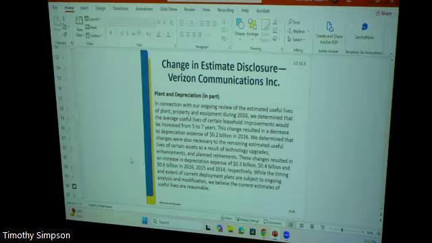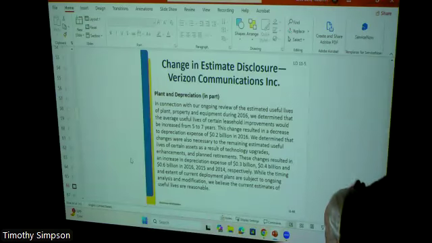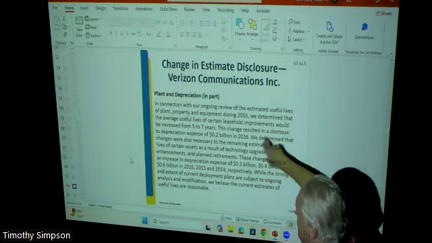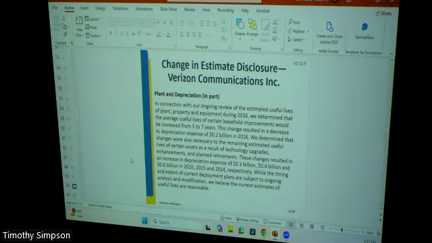Okay. And so here's an example of the notes when something has changed. This is Verizon's, I guess it was 2016. They're saying that we determine the average useful lives of certain leasehold improvements. That's things you would do to leased property, like sprinkler systems and guard handrails.